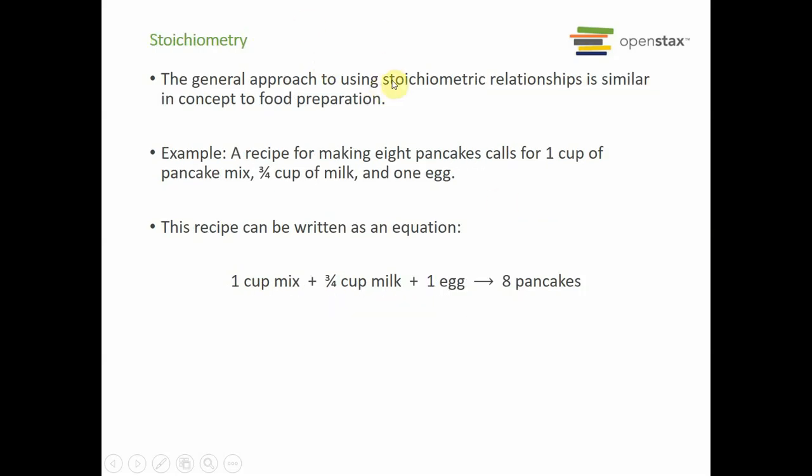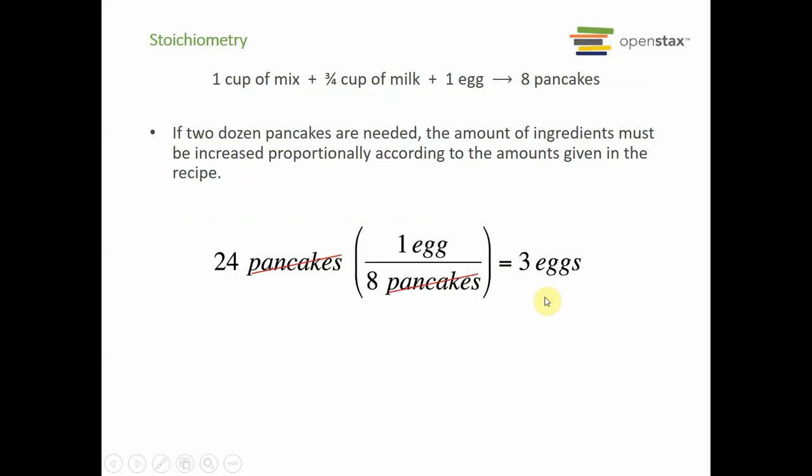The general approach to using stoichiometric relations is similar to the concept of food preparation. For example, a recipe for making 8 pancakes calls for 1 cup of pancake mix, 3/4 cup of milk, and 1 egg. This recipe can be written as an equation: 1 cup plus 3/4 cup milk plus 1 egg yields 8 pancakes.